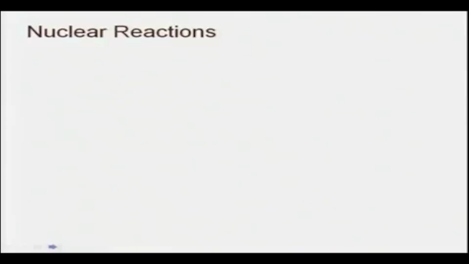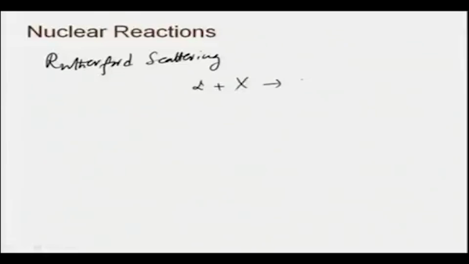Now, we will not go into the detailed calculations, but let me just mention some qualitative features of Rutherford scattering. Rutherford scattering, as you know, is an alpha particle on some target nucleus giving the same thing.